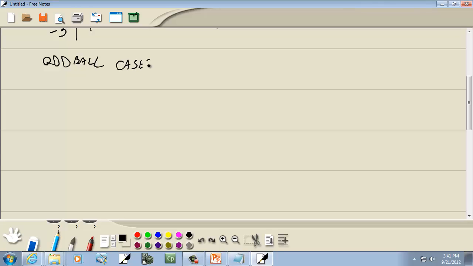So our oddball cases. Now I'm going to do this by example. So we got x is equal to a number, and y is equal to a number. Well, what makes these oddball cases is there's not two variables. There's only one variable. Now, if you got x is equal to a number, it's a vertical line at that number.